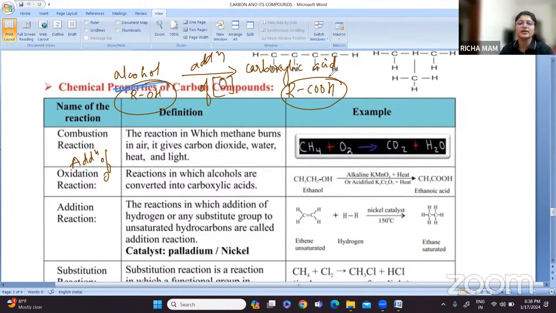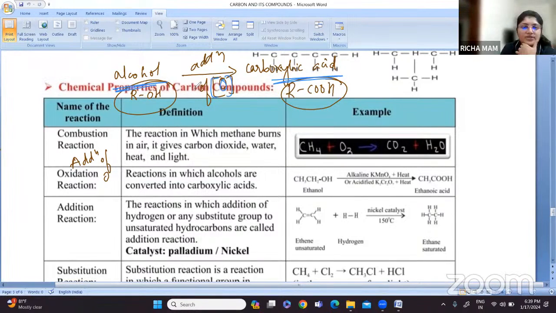When alcohols are converted to carboxylic acid, you are adding oxygen.